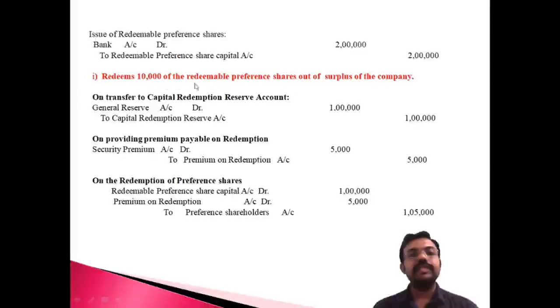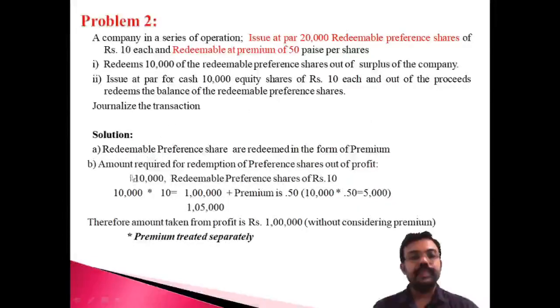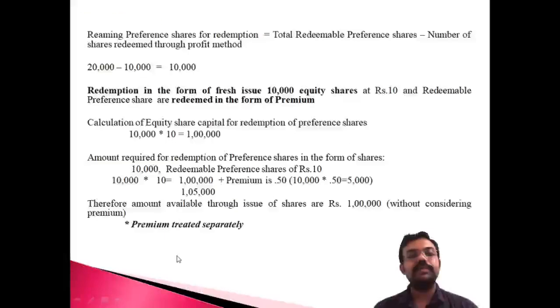Rupees 10,000 redeem preference shares out of surplus of the company. So the first method, that is out of the profit, the amount 1 lakh is relating with the face value and the 5,000 is relating with the premium, the 1,05,000, and we are taking the amount rupees 1 lakh from the profit without considering the premium, because the premium is always treated separately. So to write the entry, we take the amount from the general reserve.